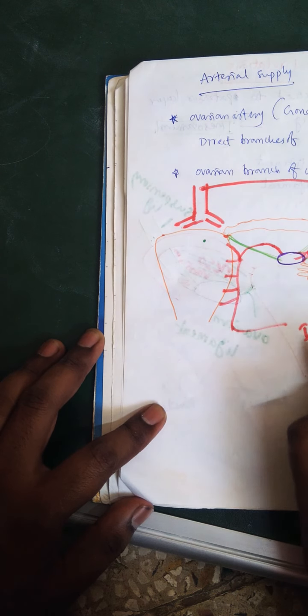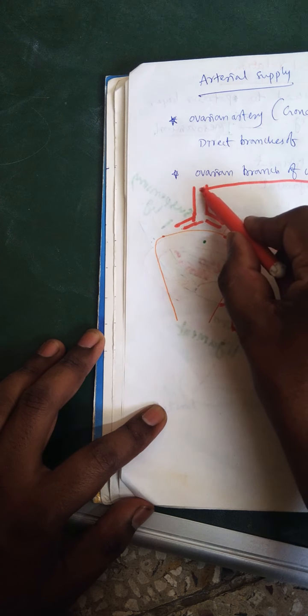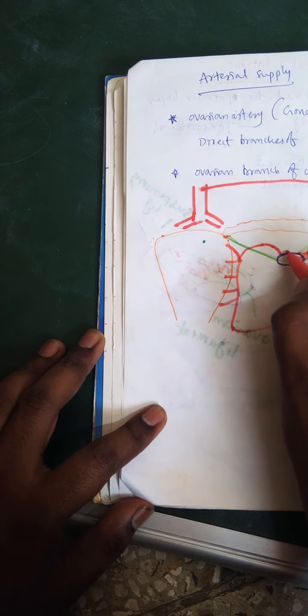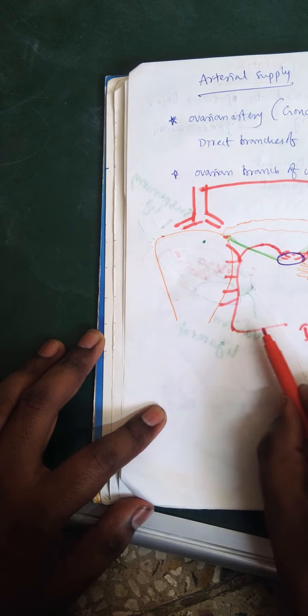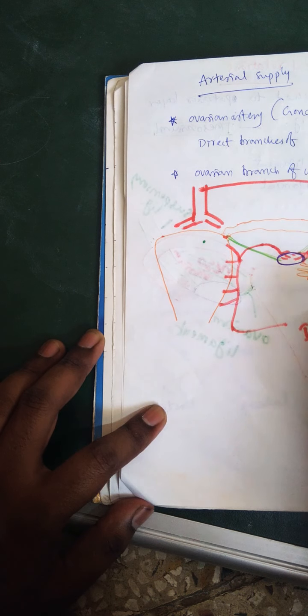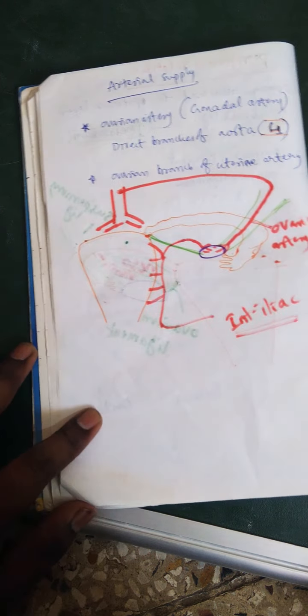So the uterine artery comes from the internal iliac, the ovarian artery comes directly from the abdominal aorta, and there is an anastomosis between the ovarian branch of the uterine artery and the ovarian artery.